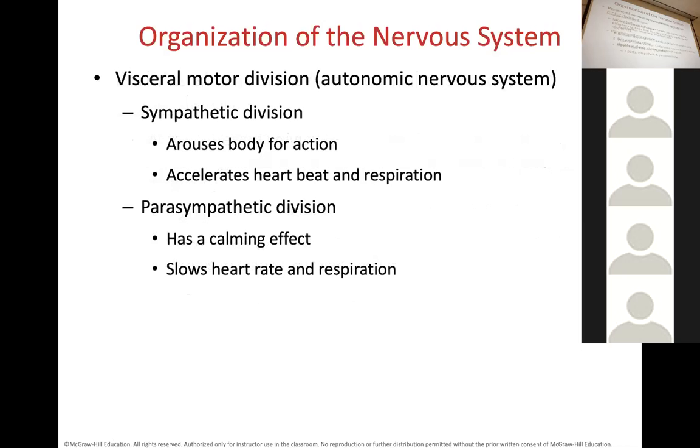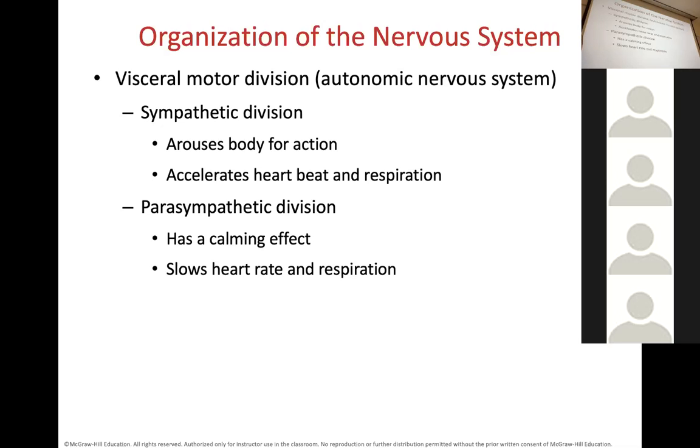The main difference between the sympathetic division of the visceral motor division of the autonomic nervous system. Sympathetic is going to excite your body, raise your heart rate, raise your breathing, your respiration rate, and it gets your body ready for action. So sympathetic is excitatory, basically. It raises the stress level. Any hormones that are associated with stress, those go up if the sympathetic division is stimulated.